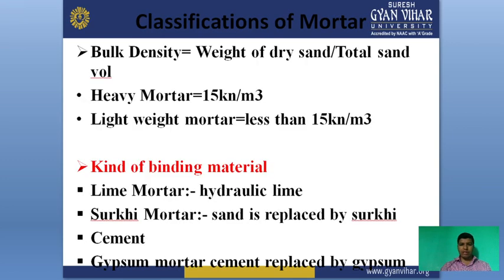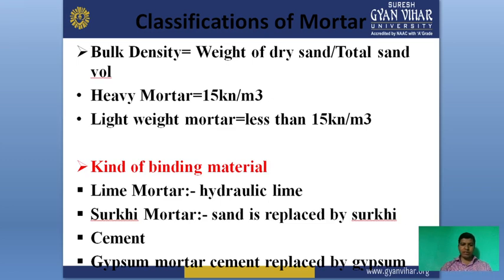Now, what are the classifications of mortar? Mortar classifications are as under. What is bulk density? The formula of bulk density is the weight of dry sand upon the total volume of sand.